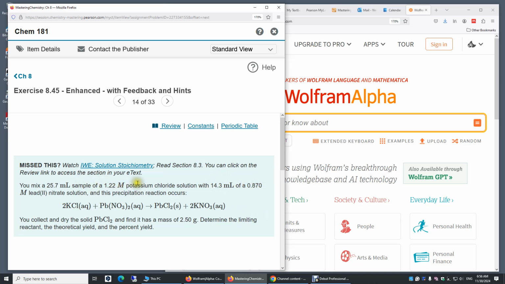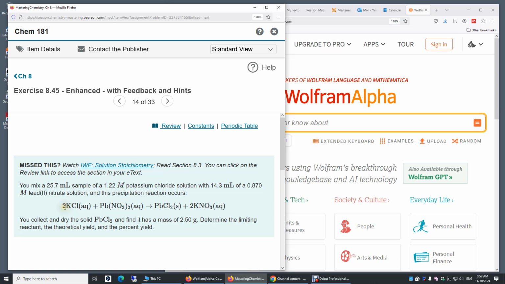If it's more than 2-to-1, then lead nitrate is the limiting reactant. If the ratio is less than 2-to-1, then KCl is the limiting reactant. So either way, you can get the correct answer. But now I'm going to show you the more systematic calculations to determine the limiting reactant.